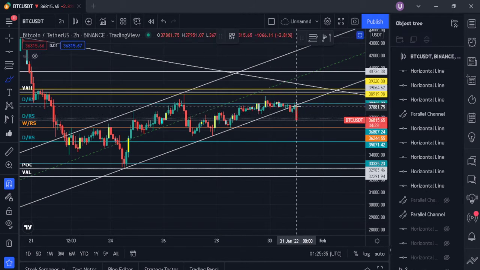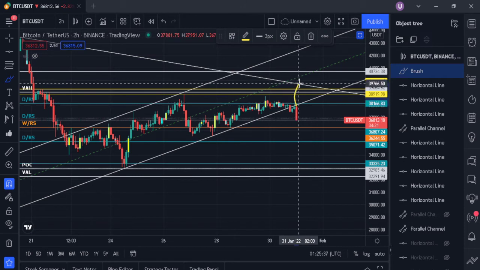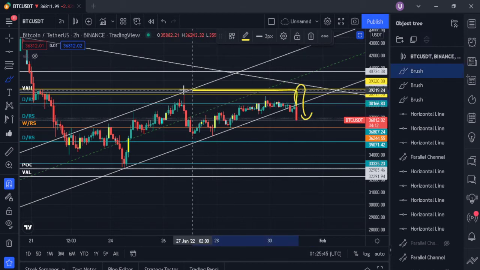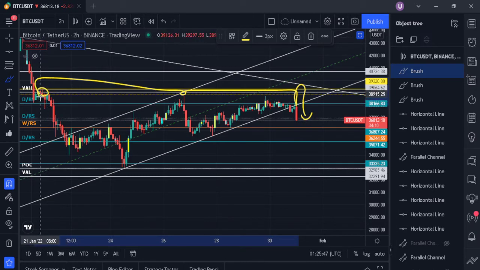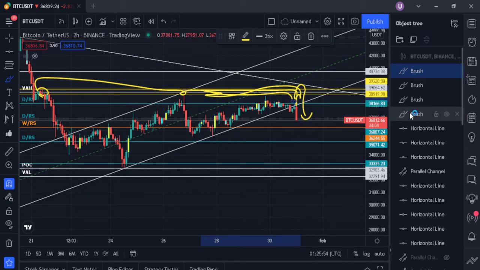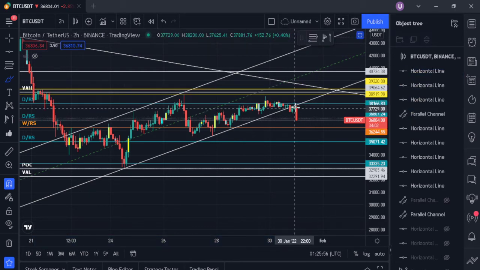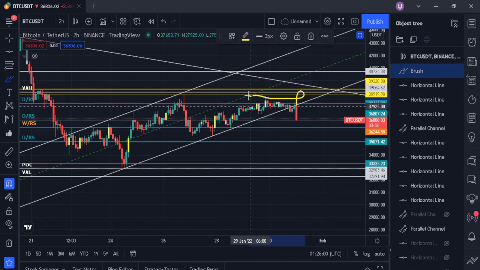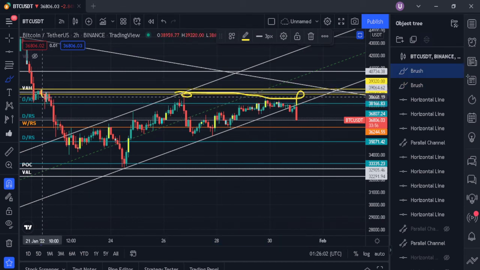What's a swing failure pattern? It's when a candle goes up, breaks the previous highs, then closes below the previous highs. So it goes up and closes below the previous highs, which is this one or that one.